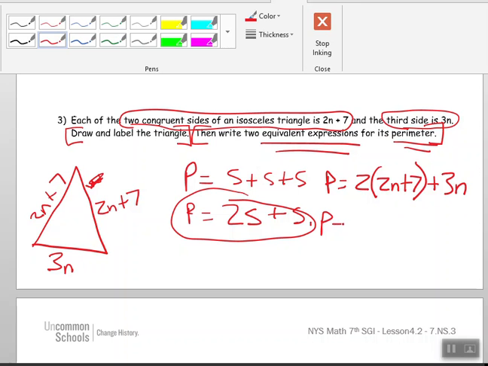Now, another way that I could look at this is I could combine. Another way that I could write this is by distributing and then combining. So I would be left with 4n plus 14 plus 3n.